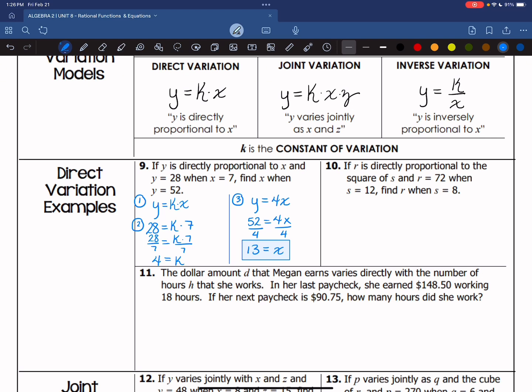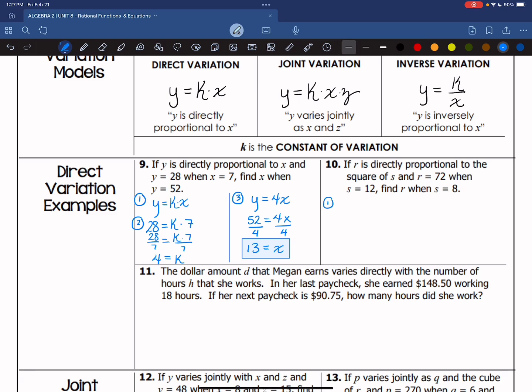Now why don't we try another one similar. It says R is directly proportional to the square of S, and R is 72 when S is 12. Find R when S is equal to 8. All right, so let's work through this.